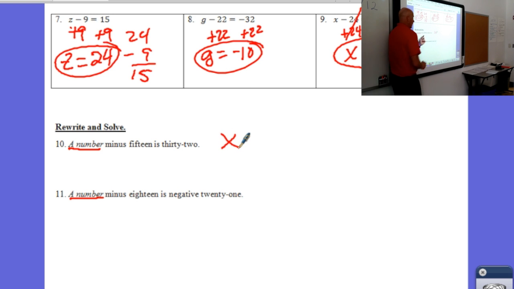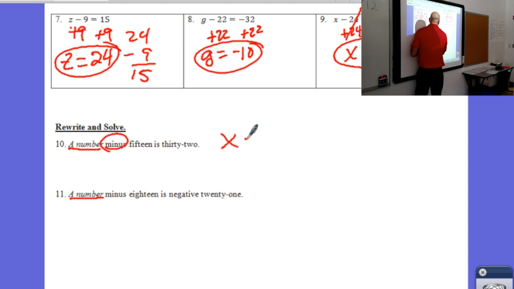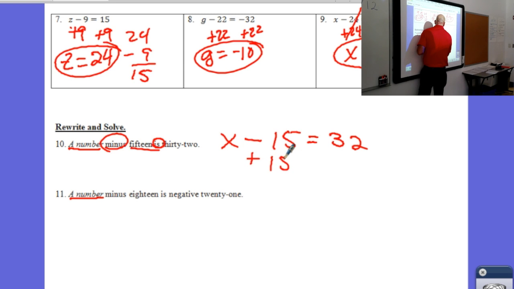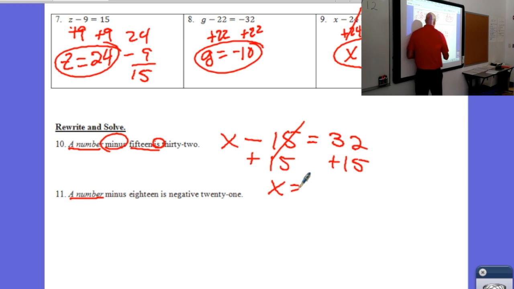What's the next word? Minus 15. Equals 32. One step, what do we do? Add 15. That cancels. The 15's cancel, so we have X equals 47.